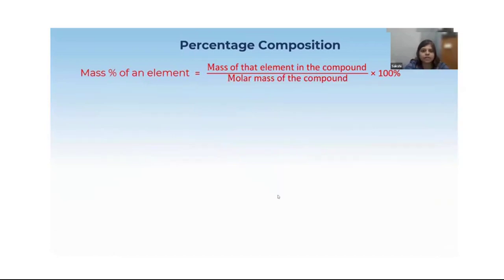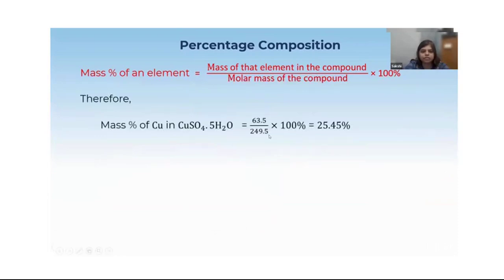Let me show it to you. For example, I want to calculate the mass percentage of copper in copper sulfate dot 5H2O, right? So what will I do? I want to find out the percentage of only copper. The mass of copper is 63.5. The mass of the entire compound is 249.5.